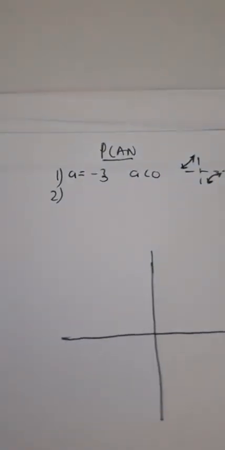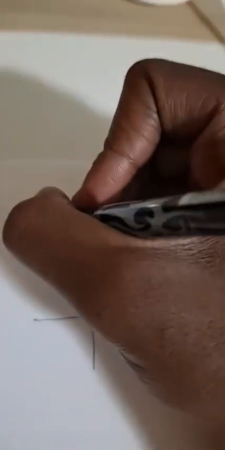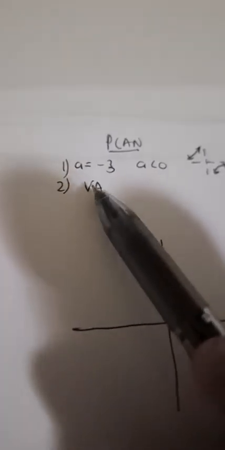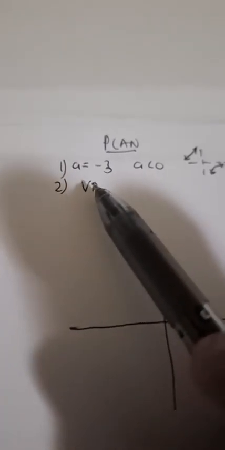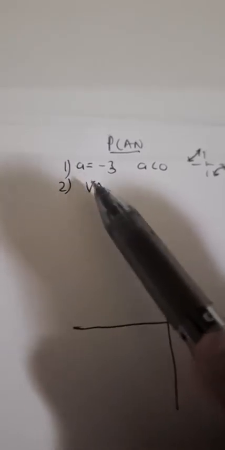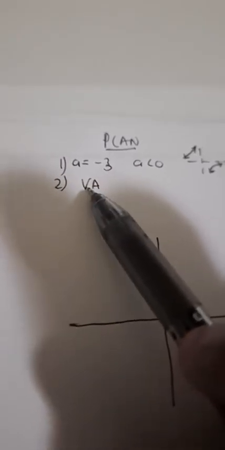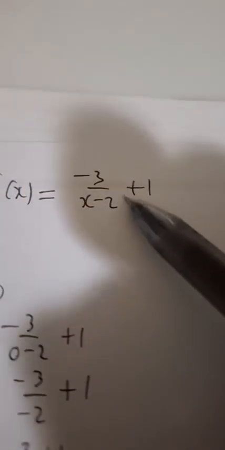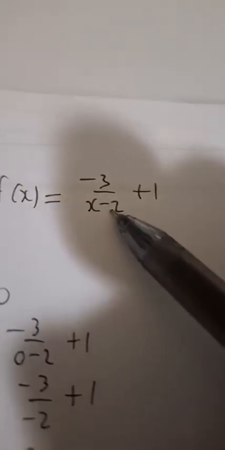All right, then secondly, we need to write down our horizontal asymptote and our vertical asymptote. So let's start with our vertical asymptote, and I just use the letters VA because it is an appropriate acronym for vertical asymptote. The vertical asymptote can be written by looking at the expression in the denominator, which is x minus 2.